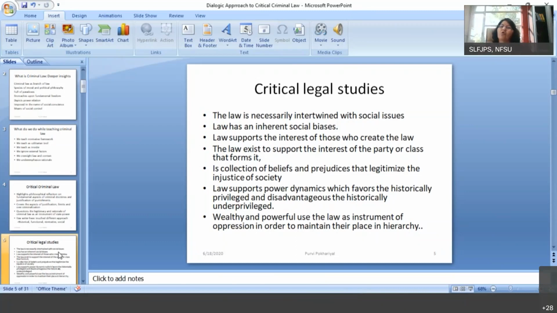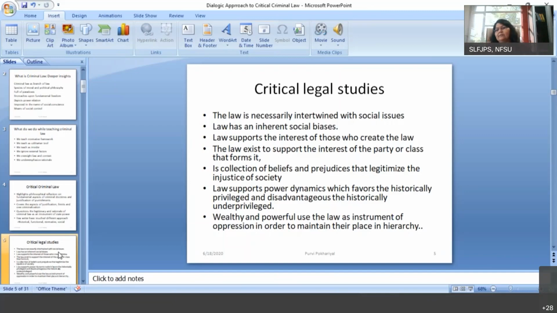And who creates the law? Those who have power, who are powerful, create the law. And when you are creating the law, you are not creating it for the others who are on the other side of the table. We are creating the law for our own purpose, for protecting our own power.